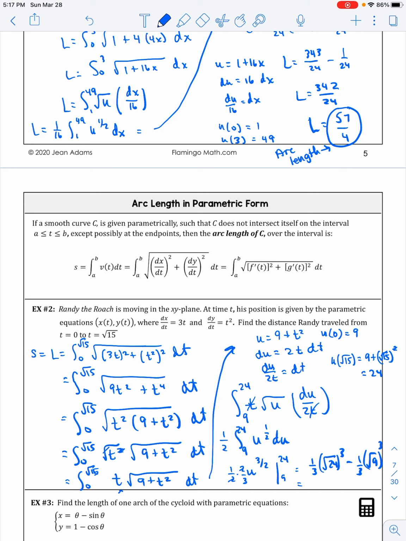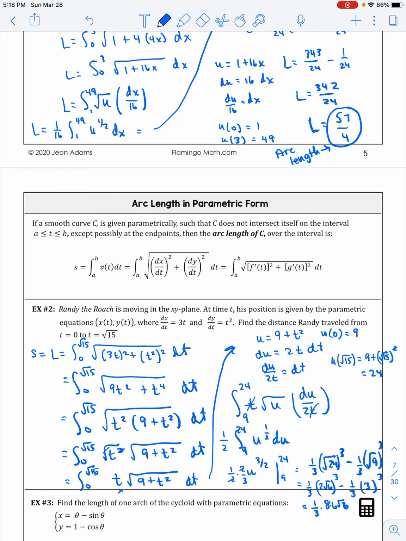And remember that the square root of 24 does have a 4 in it, so that's going to be 2 root 6. So this would be 1/3 times (2 root 6) cubed minus 1/3 times 3 cubed. So 1/3 times 2 cubed is 8. And the square root of 6 times the square root of 6 is 6.